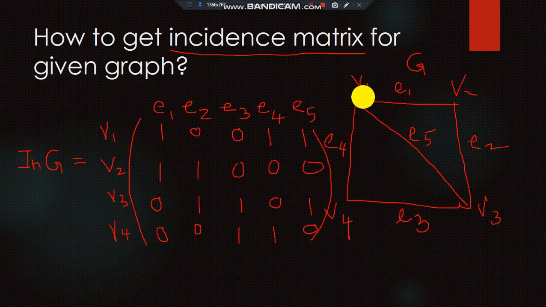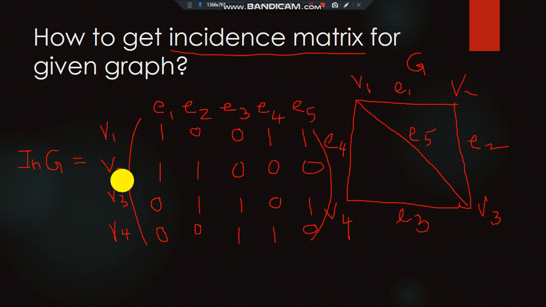Now E1 is incident on V1, therefore 1. E5 is incident on V1, therefore 1. E4 is incident on V1, therefore we put 1 here. For the others, E2 is not incident on V1, E3 is not incident on V1, therefore we put 0, 0.